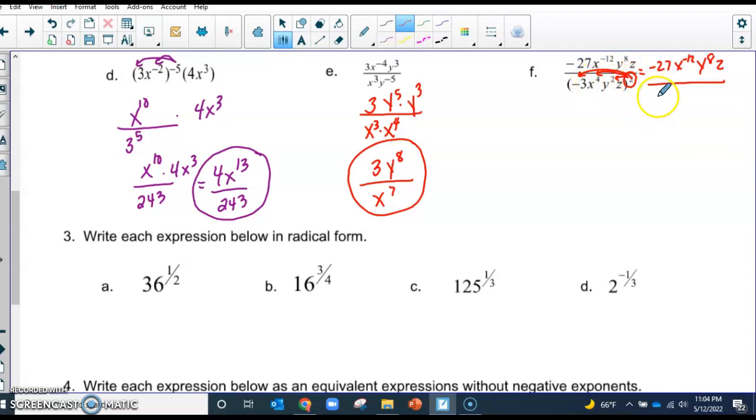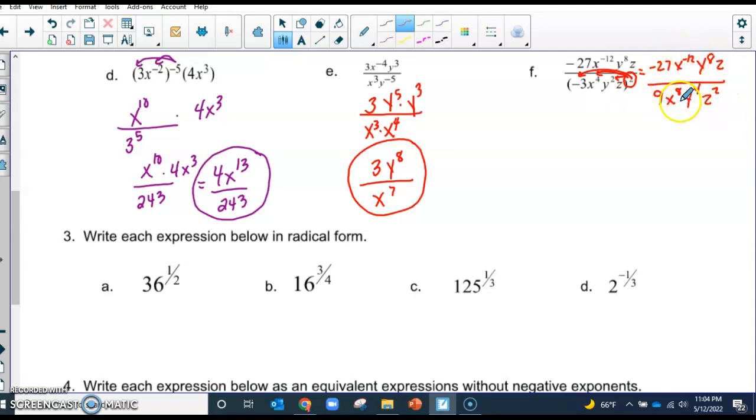So -3 squared is going to be +9. X to the 4th squared is going to be x to the 8th. I'm multiplying. Y squared times 2, y squared becomes y to the 4th, and then z to the 1st squared becomes z squared. Now I can start moving things around.